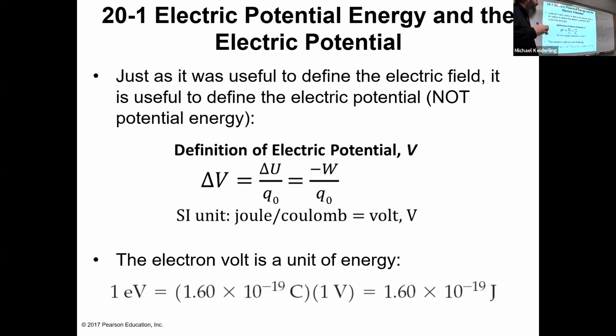For example, off the top of my head, the amount of energy you need to ionize hydrogen is 13.6 electron volts. So you need 13.6 volts affecting an electron. And 1 electron volt is e times a volt, so it's 1.60 times 10 to the minus 19 joules.